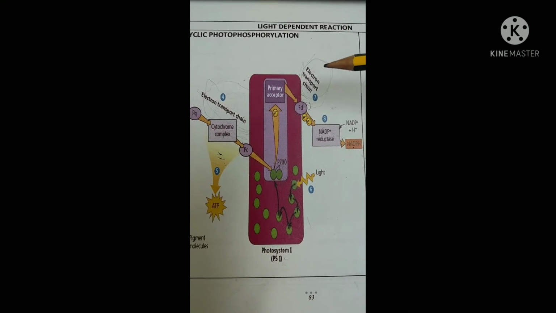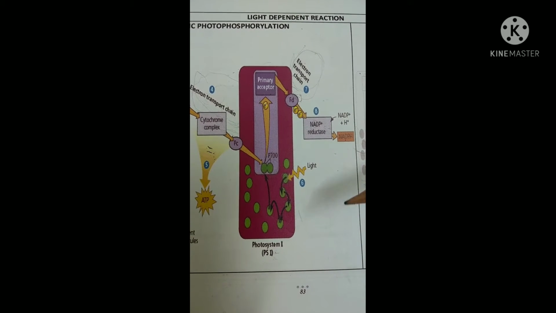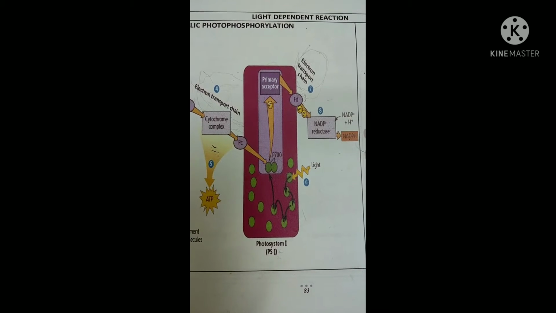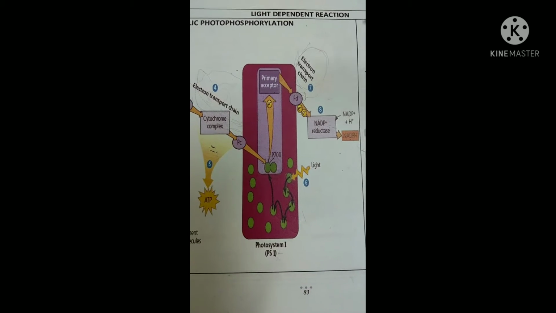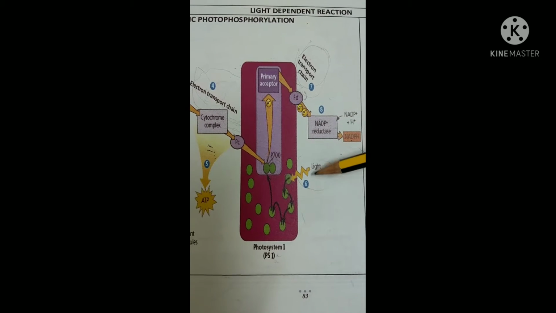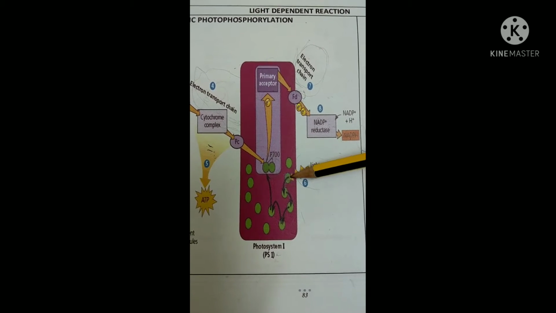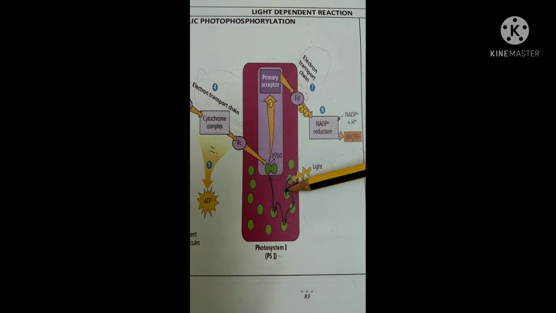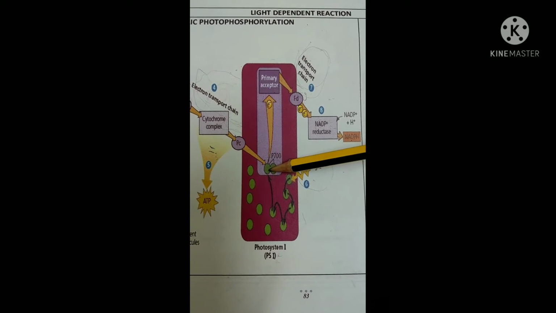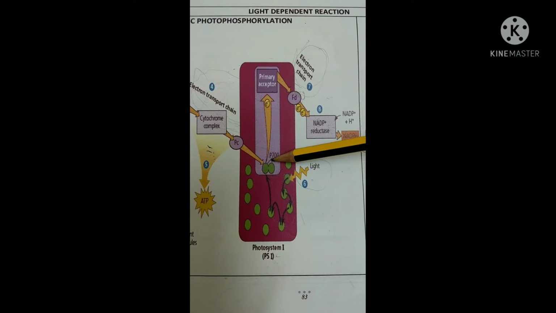Okay, so now I'm going to explain the activation of photosystem 1. The same thing happens as in photosystem 2: the activation begins when light is absorbed by the pigment molecule, and the energy will transfer from one to another until it reaches the reaction center, which is the P700.